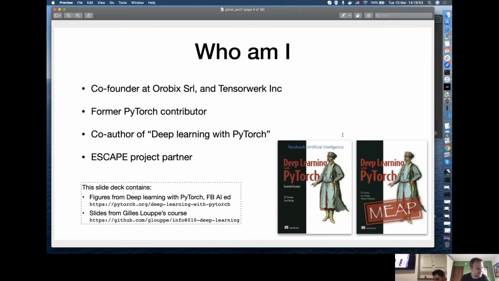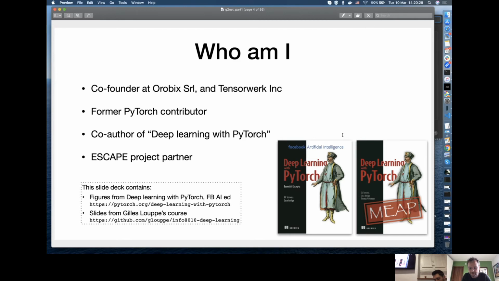I've been contributing to PyTorch core, especially in 2017 and 2018. So I was an early contributor, and then things got way too quick for me to keep up. So I gave my contributions for a couple of years, and in the meantime, I co-wrote a book that you can find online for free on the PyTorch website.